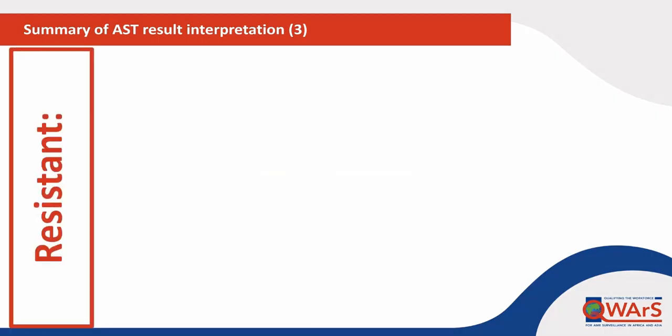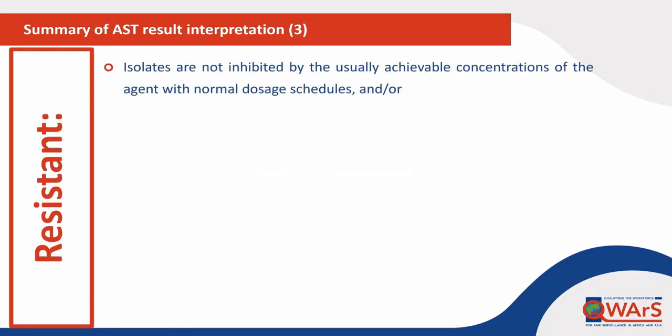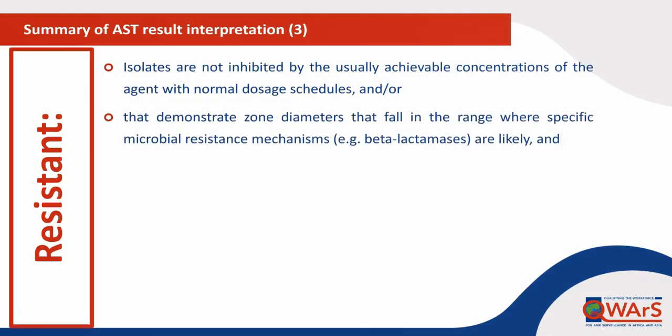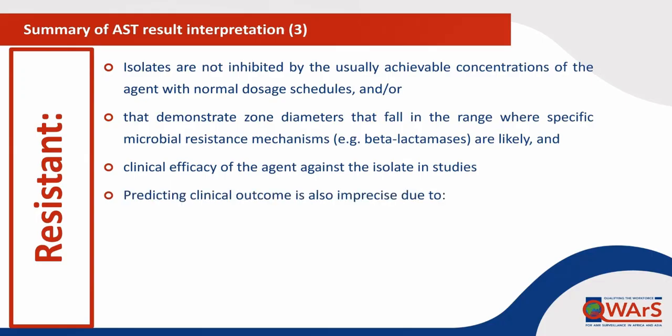According to the CLSI, the resistant category implies that isolates are not inhibited by the usually achievable concentrations of the agent with normal dosage schedules and/or that demonstrate zone diameters that fall in the range where specific microbial resistance mechanisms, for example, beta lactamases, are likely, and clinical efficacy of the agent against the isolate has not been reliably shown in treatment studies.